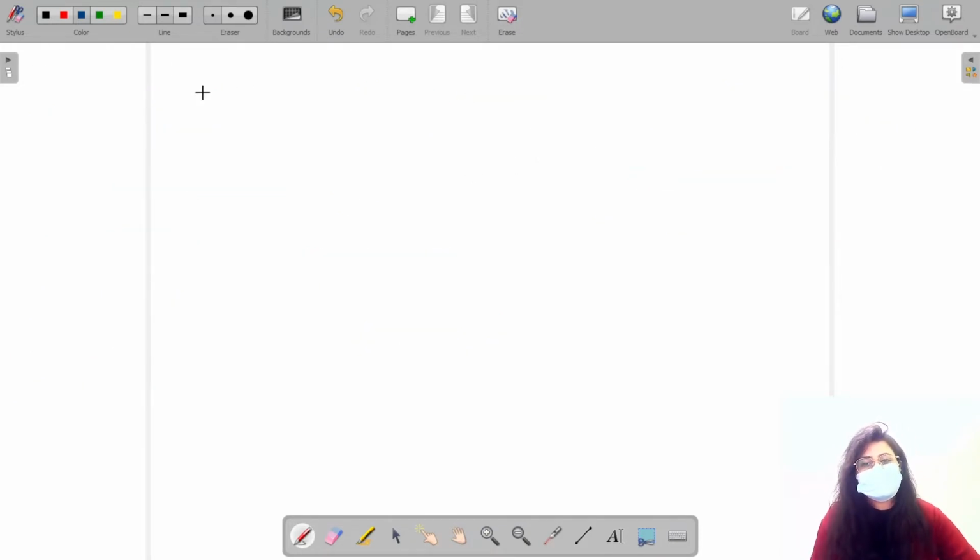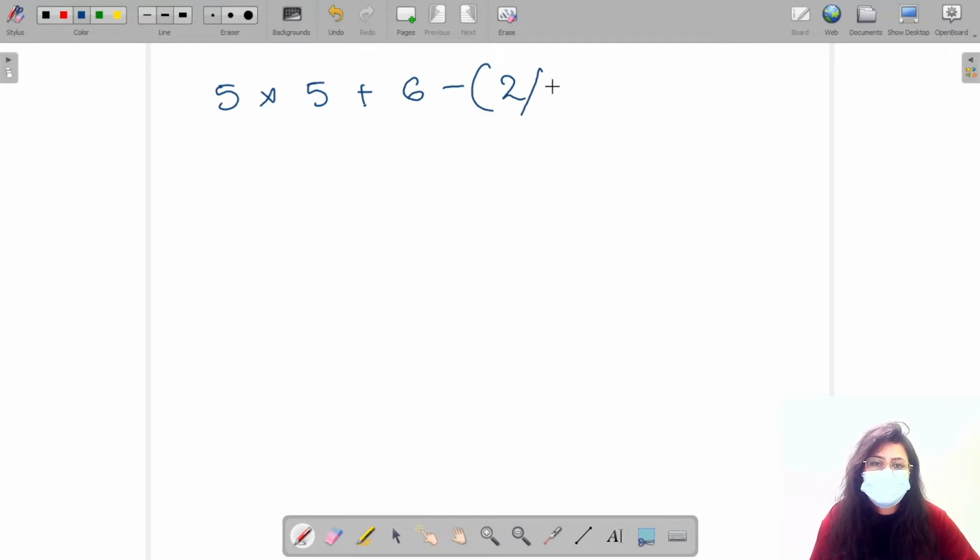So let's see an example. 5 into 5 plus 6 minus 2 divided by 1 plus 7 divided by 8. We have to solve this question.